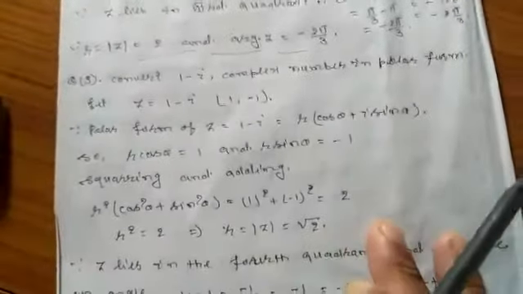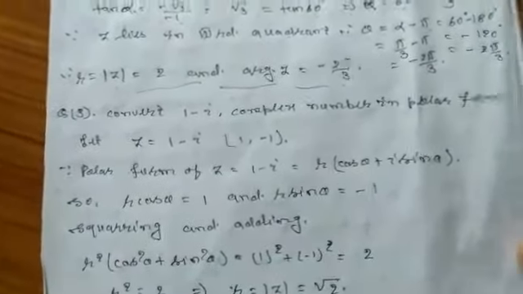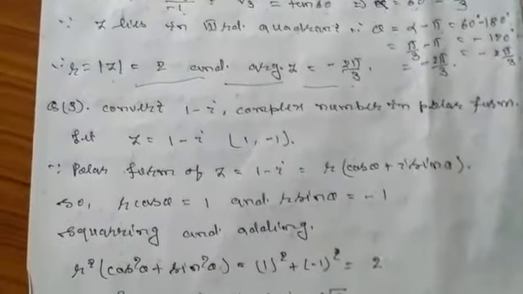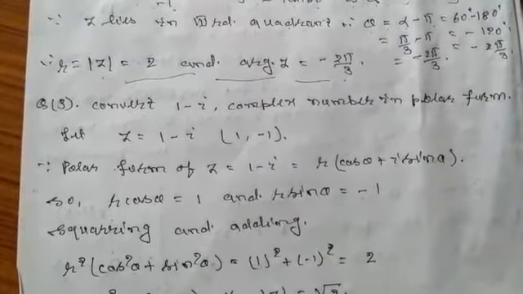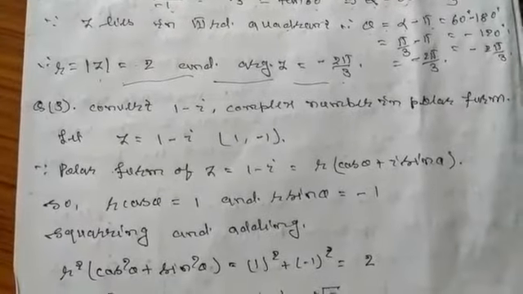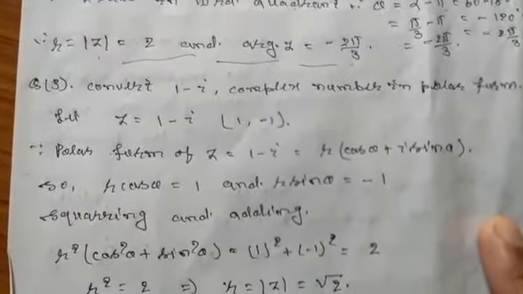To convert it into polar form, first we need to find its modulus and argument. Once you find its modulus and argument, you just put their values in the polar form, and you will get the complex number in polar form.